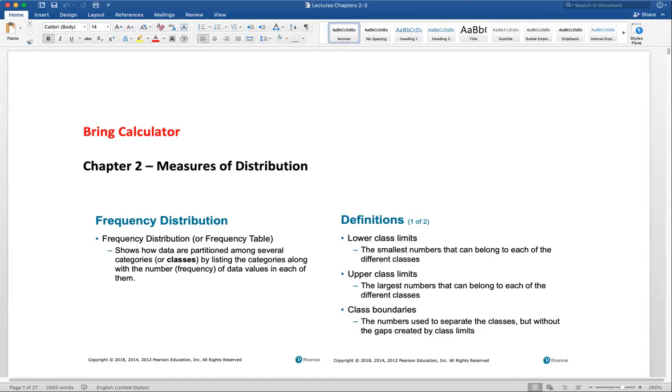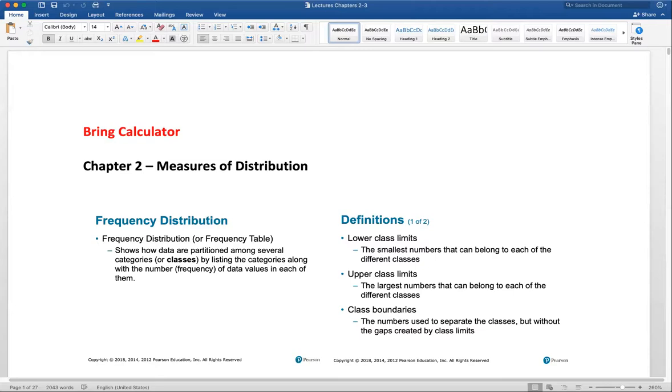We study a lot of sampling methods: random, systematic, stratified, or cluster, things like that. Once we collect the sample data fairly, we analyze it using descriptive statistics or inferential statistics. That's what we're going to do in the rest of the chapters. In Chapter 2, we study descriptive statistics, and from Chapter 3 on, we study inferential statistics.